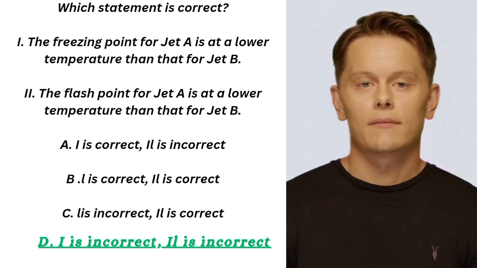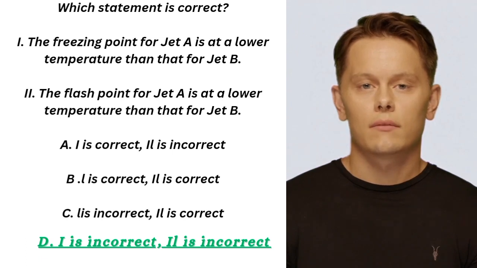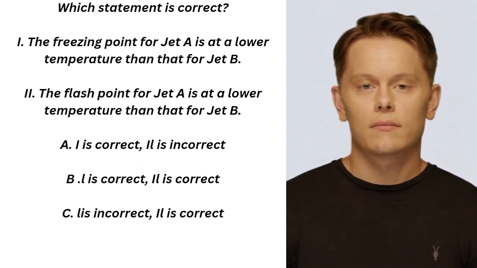Question 58. Which statement is correct? 1. The freezing point for Jet A is at a lower temperature than that for Jet B. 2. The flash point for Jet A is at a lower temperature than that for Jet B. The answer is D. 1 is incorrect and 2 is incorrect.